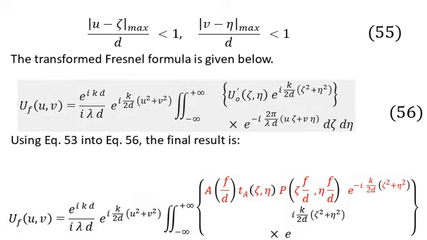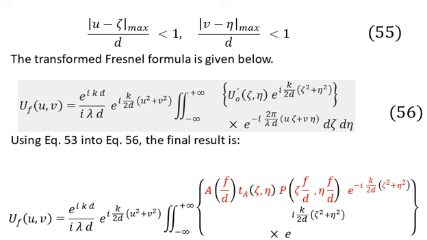You see that we have the Fresnel formula in its expanded form, and in the curly bracket we have u naught prime. This is the field just after the object as a function of zeta and eta, and there are two quadratic phase factors appearing. One is at the input plane, containing zeta square plus eta square, and the other quadratic factor, outside the integral, contains u square and v square, associated with the Fourier plane variables.